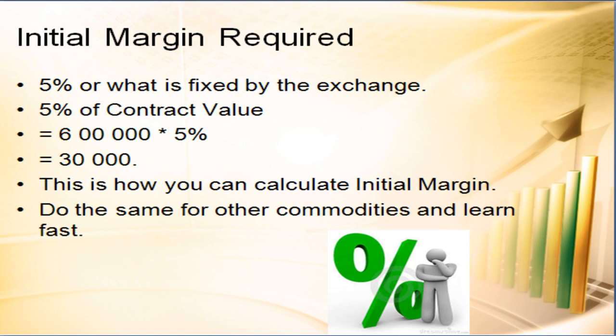So now let us assume 5% is the margin requirement for crude oil. So how to calculate initial margin? Just multiply the contract value by 5%, which gives you 30,000 rupees as the initial margin required for trading a crude oil contract. This is how you can calculate initial margin. Do the same for other commodities and learn fast.